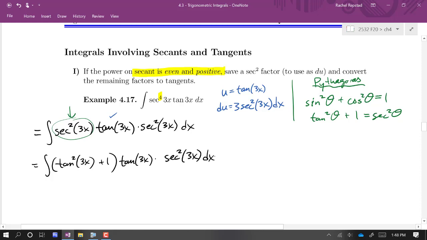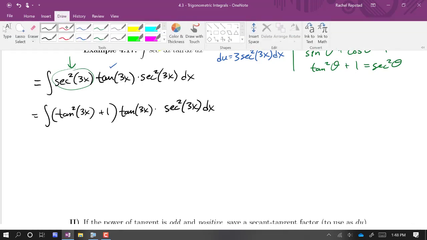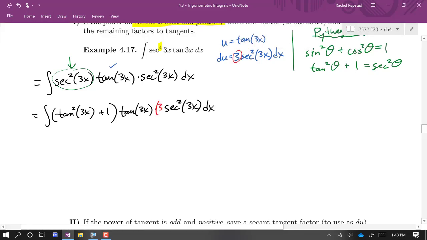Now we've got the rest of this function written in terms of tangents, which is great. We just need this factor of 3 here, so I'm going to throw that in and compensate with the 1/3 outside.